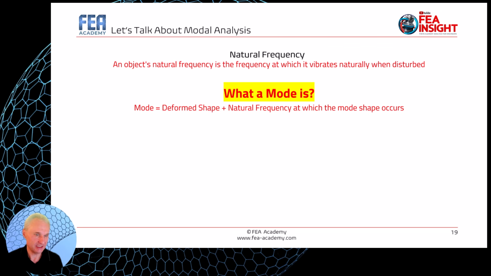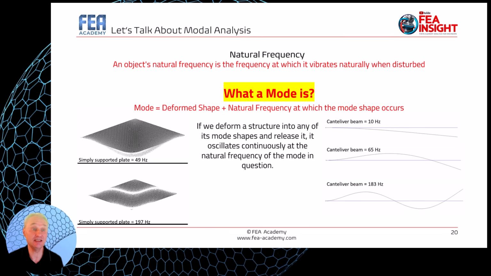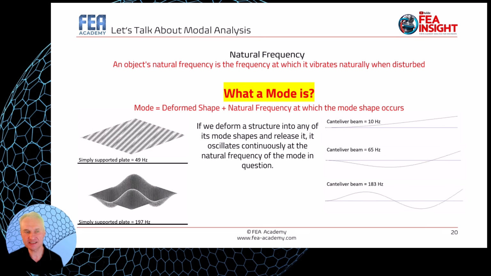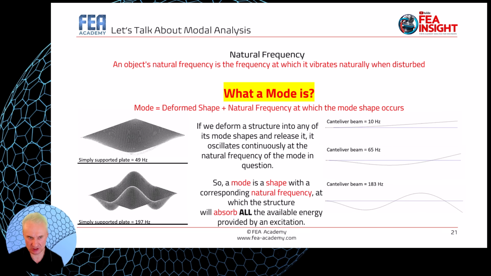The mode is the deformed shape plus the natural frequency at which the mode shape occurs. So if we deform a structure into any of its mode shapes and we release it, it oscillates continuously at the natural frequency of the mode in question.